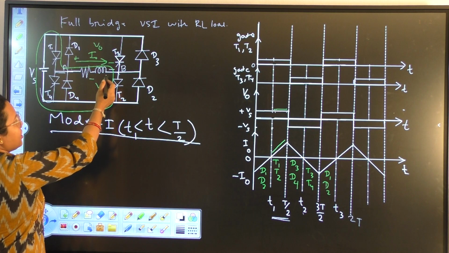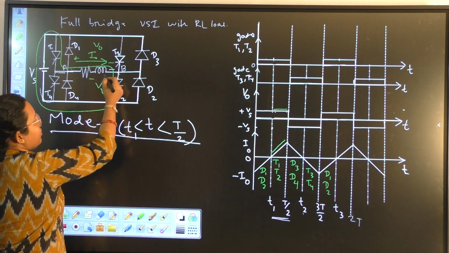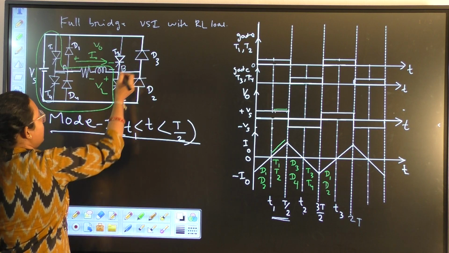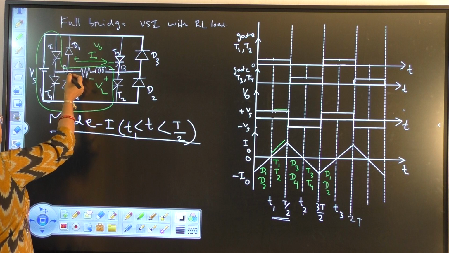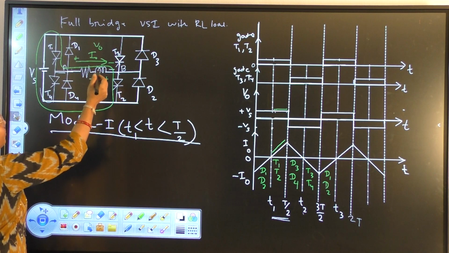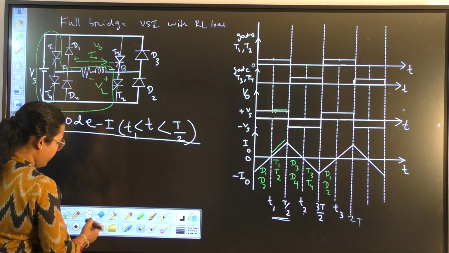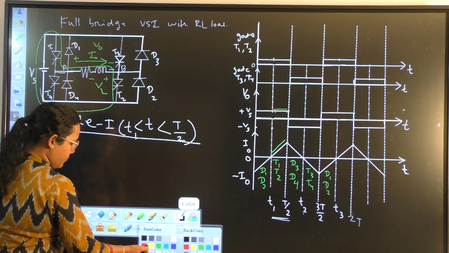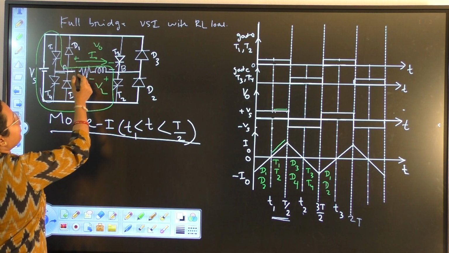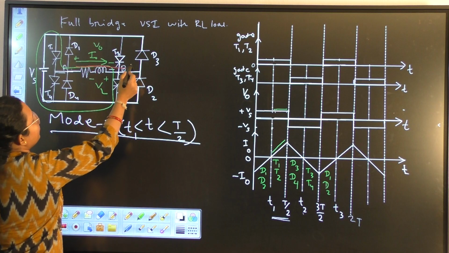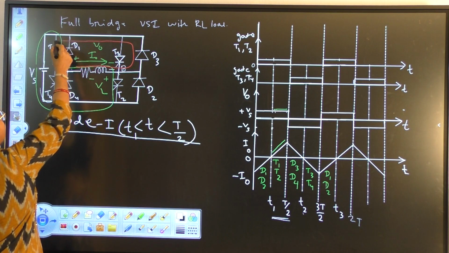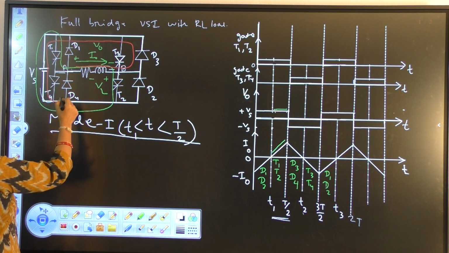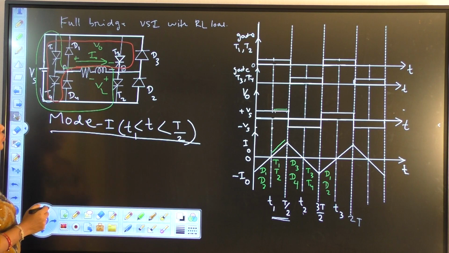Now this plus sign will forward bias D3, and this minus sign will forward bias D4. So current will flow from load to D3, then to VS, then to D4, then to load.